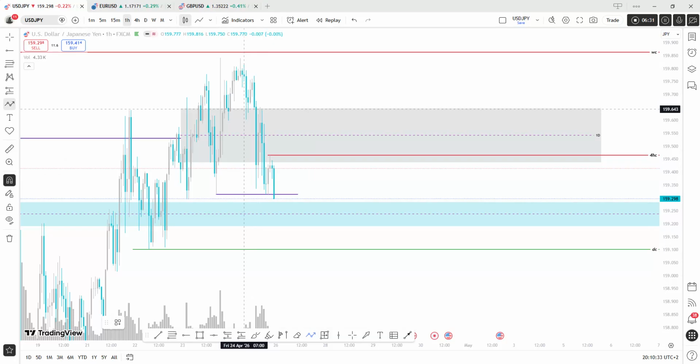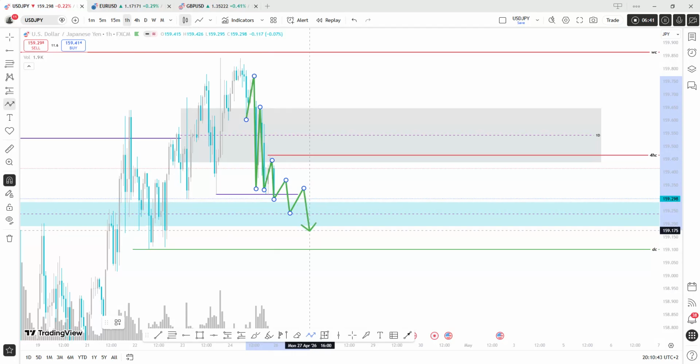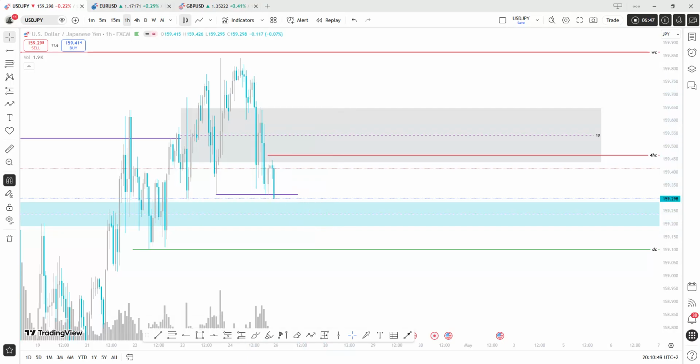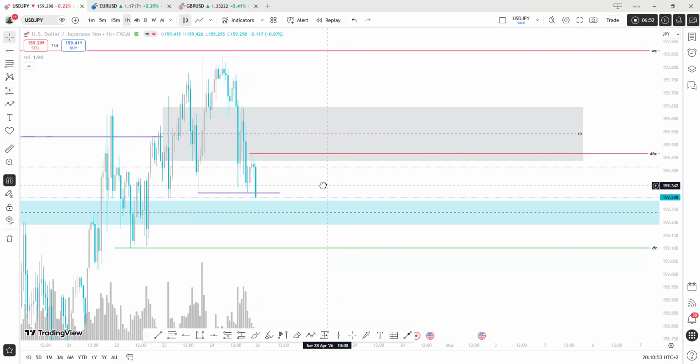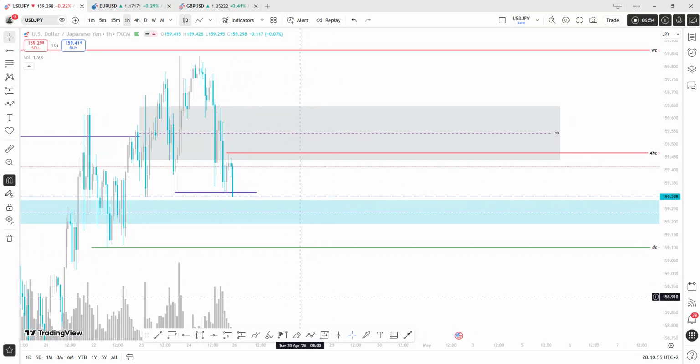I would really like to see something like a continuation and the invalidation of this imbalance, because it's going to bring a little bit more clarity.